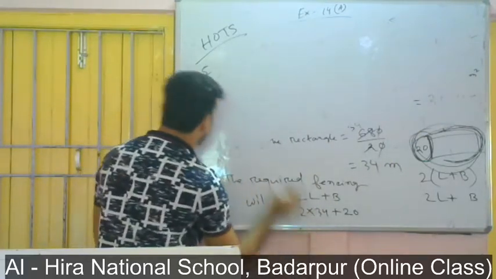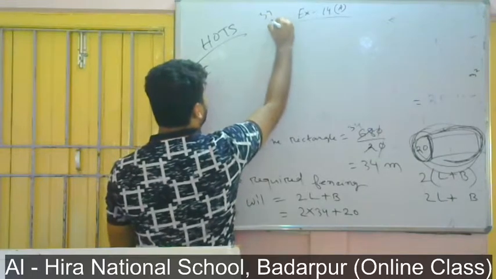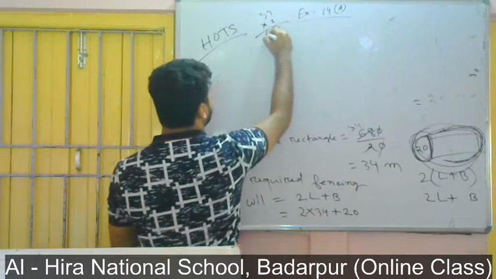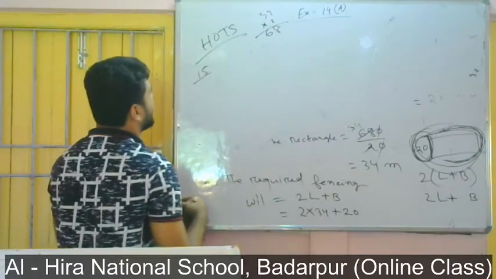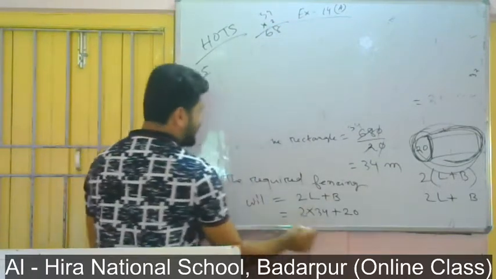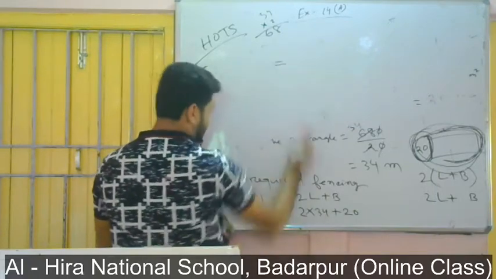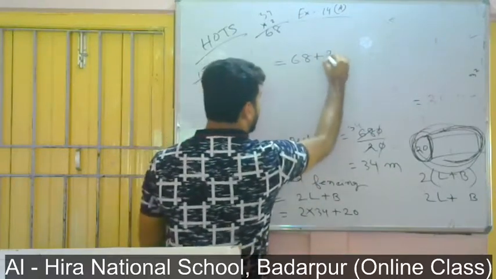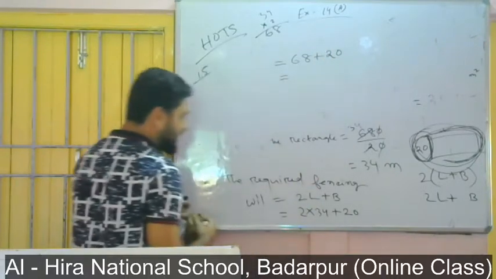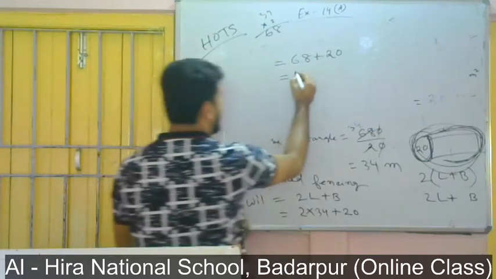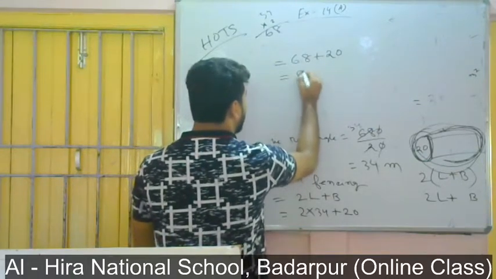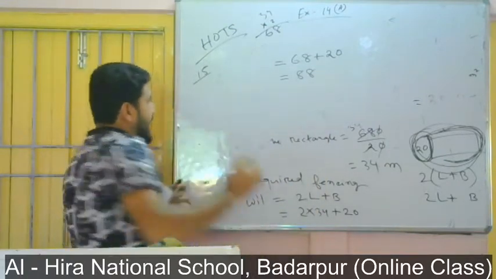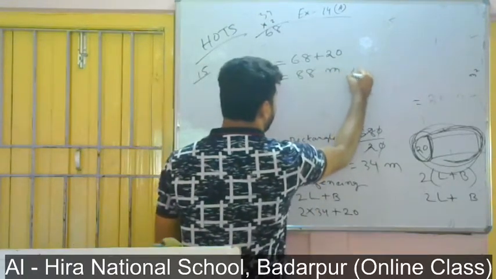Then 2 into 34, 34 into 2, 4 2s are 8, 3 2s are 6, 68. So 68 plus 20, 60 plus 20 is 80, then 8, so 88. So it will come as 88 meter. That is the required answer.